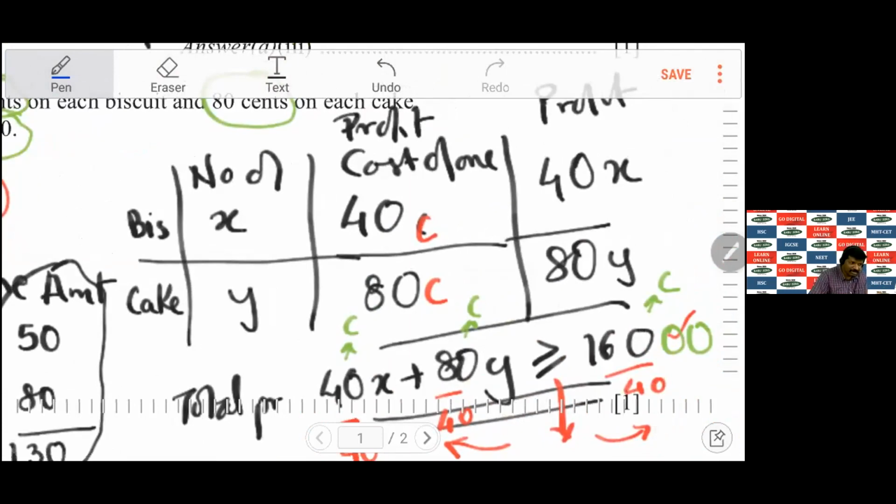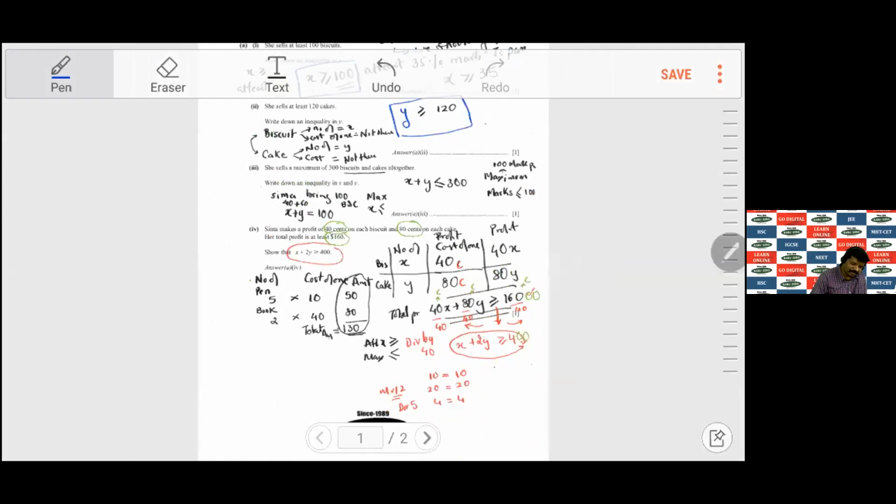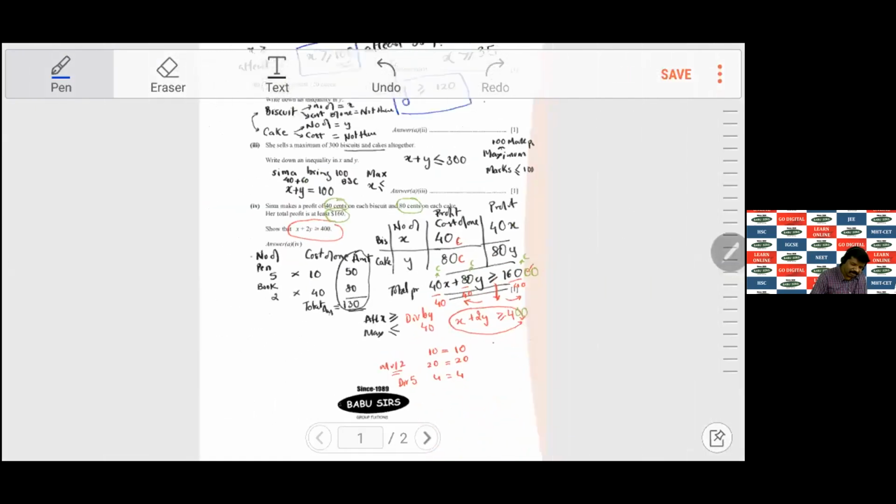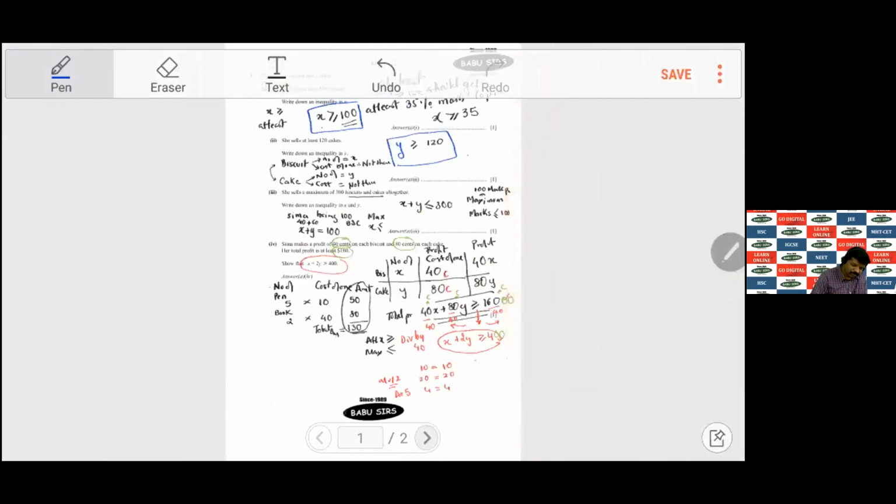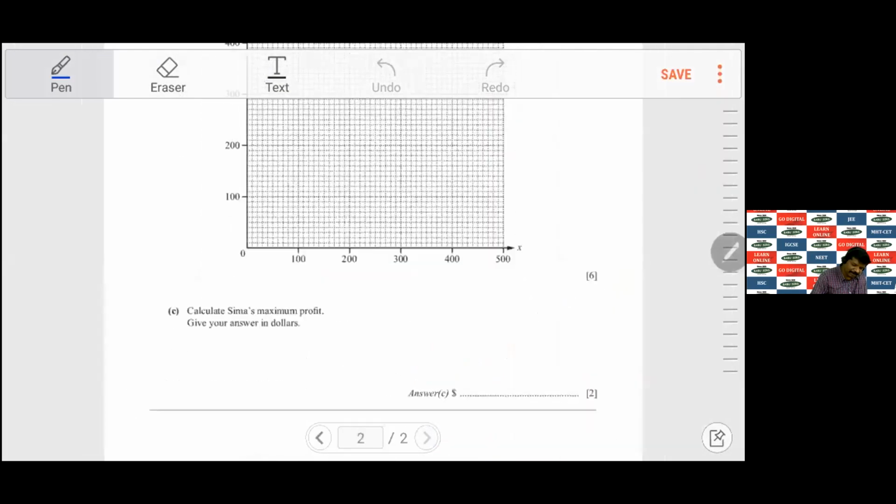X is the number of items, and the cost you don't always know, so they will give you the cost afterwards. You multiply the cost with the number, and you get the amount or the profit or the discount, whatever is given there. Then you total it up. So here you are getting 4 equations. We'll put all these 4 equations here.